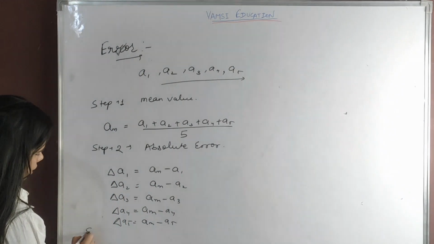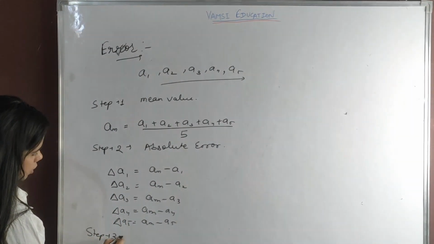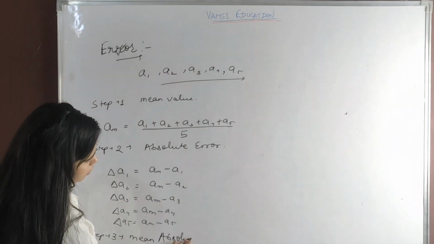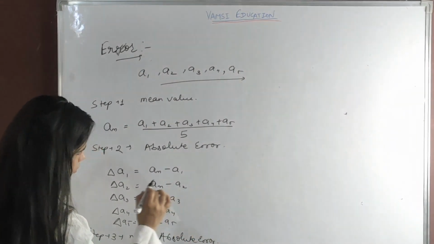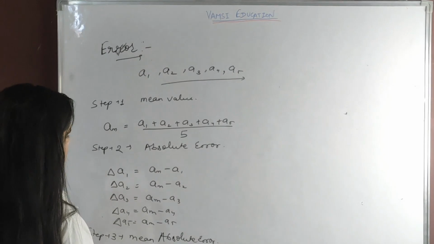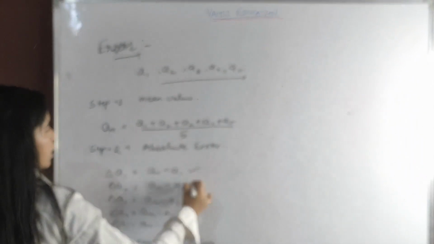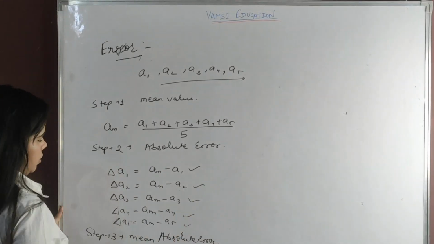Now the third step, we have to find the mean absolute error. How can you find the mean absolute error? By the summation of the absolute errors of the individual given data.